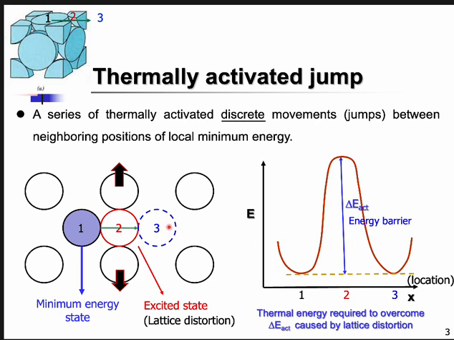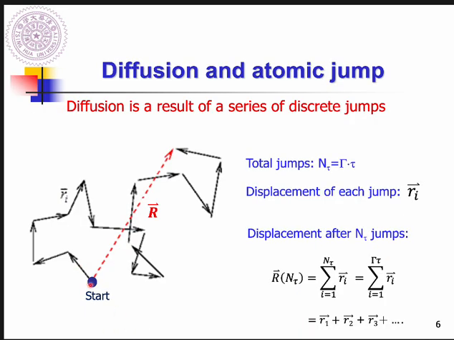Our target is to link this atomic moving or jumping process with the diffusivity. But I'm going to give you another example here. I have an atom here, and it starts making several jumps. Then after time tau, the atom moves to here.